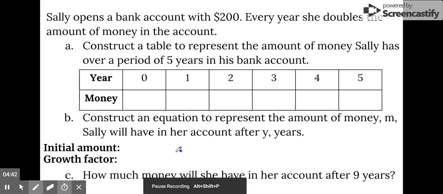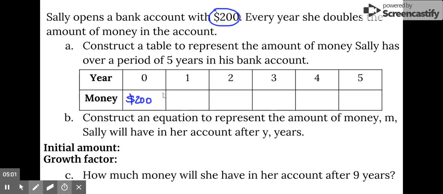All right, exponential function is not really difficult. If you read this question, then you will understand better. So initial amount, you start with 200. So year 0, right now, the money you have in your account is 200. And after a year, it says doubles, which means times 2, right?